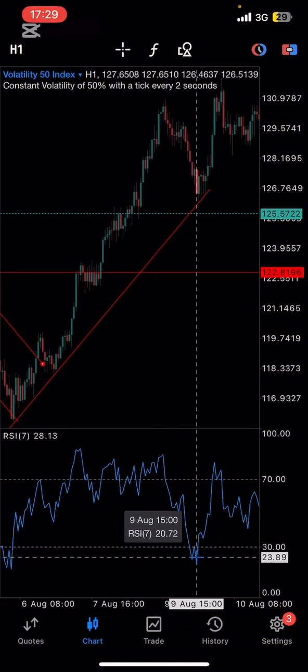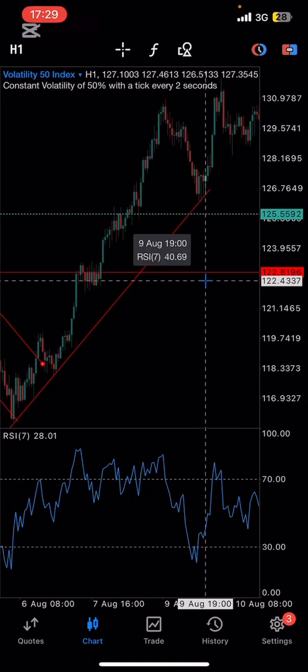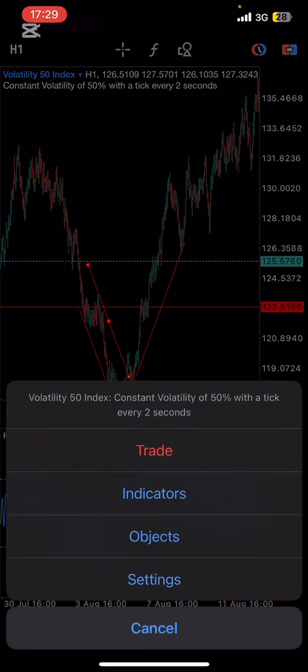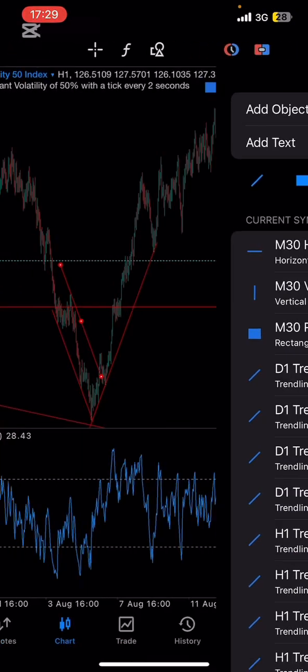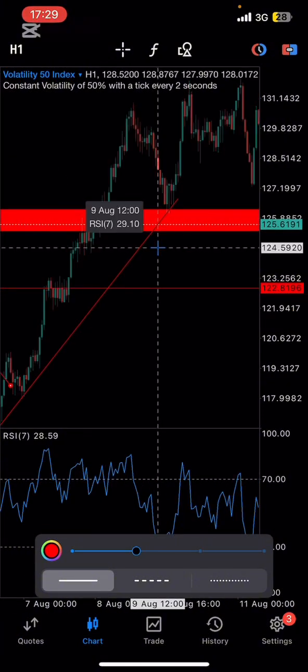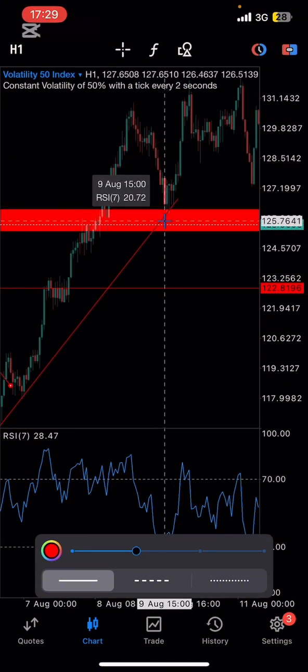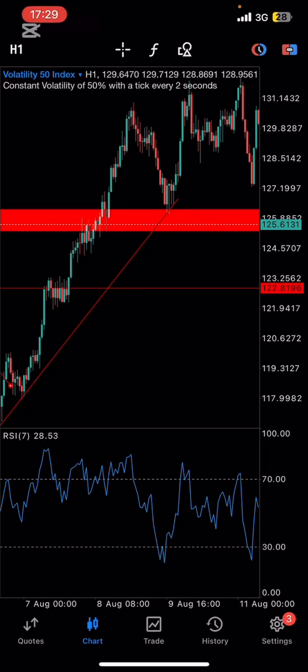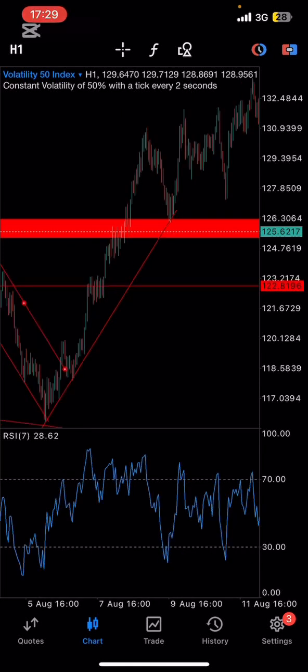They are the same kind. So once I see this happening with this here, already I know that point is actually a good support zone for price, right? So you can see how price was able to buy. So if I go to the lower time frames, I might be able to find a good entry at that particular point. So let me stretch this one up a little bit.